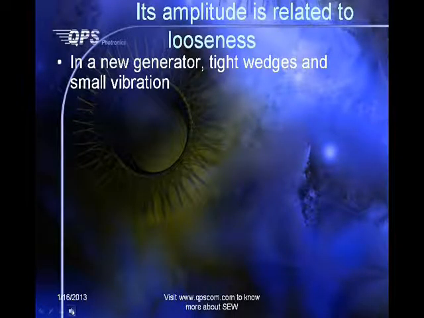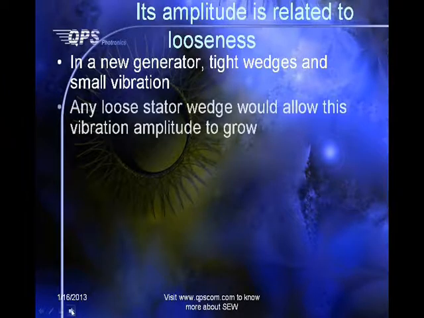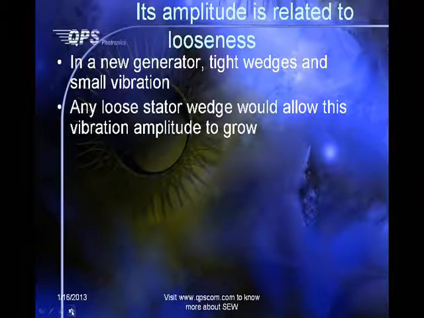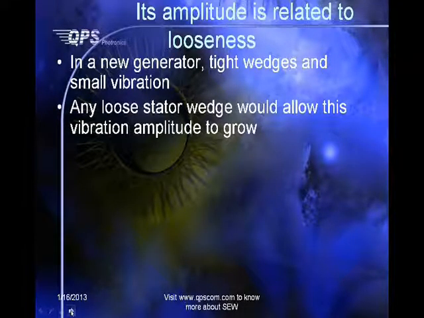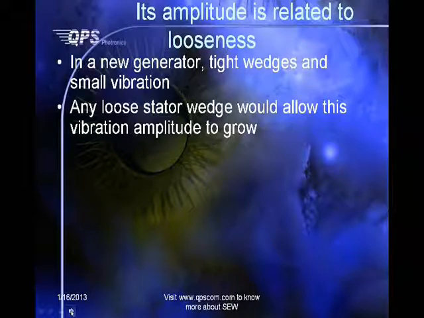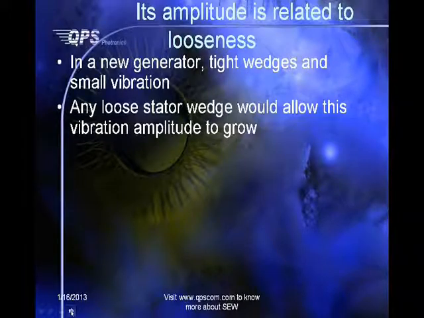Well, looseness. In a new generator, the wedges are very tight, and there is a structure called the ripple spring to hold everything together. And this ripple spring is made with fiberglass.